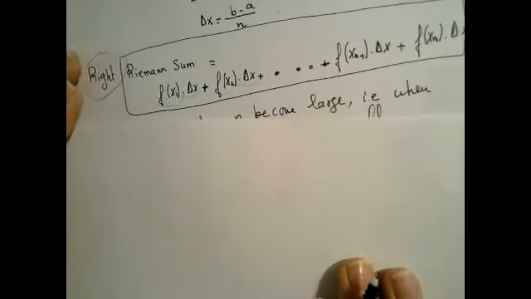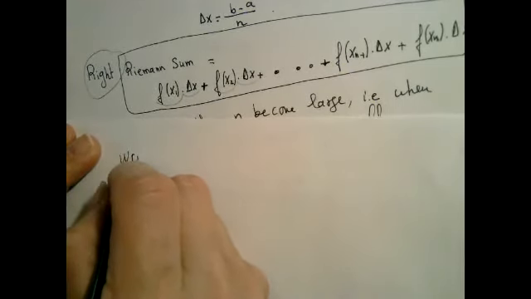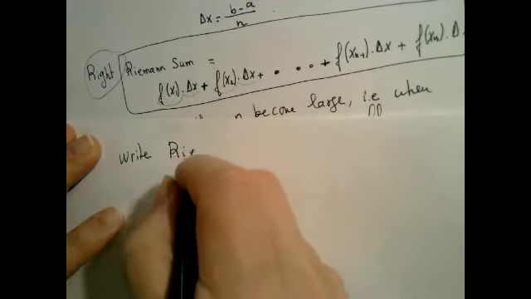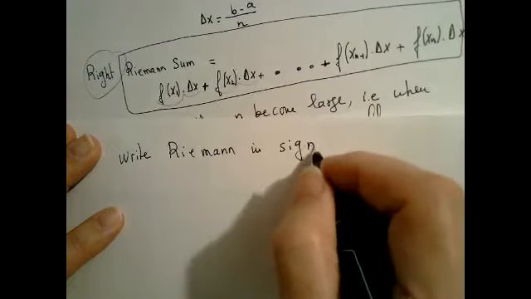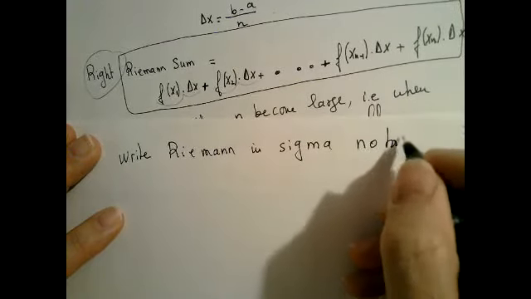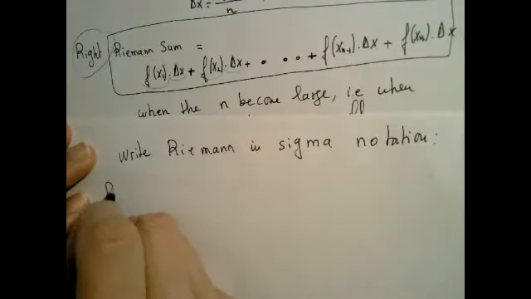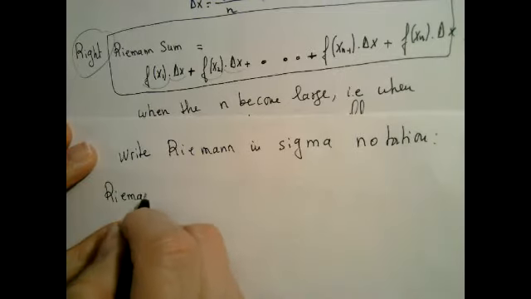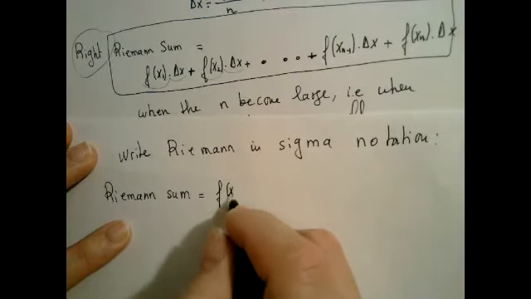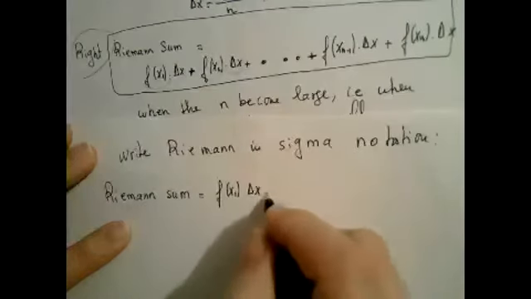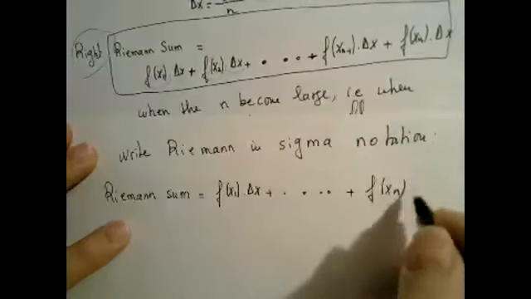But before I do that, I'm going to write the Riemann sum in sigma notation. So this sum, I'm going to rewrite it again. The Riemann sum is f of x1 delta x plus etc. f of xn delta x.